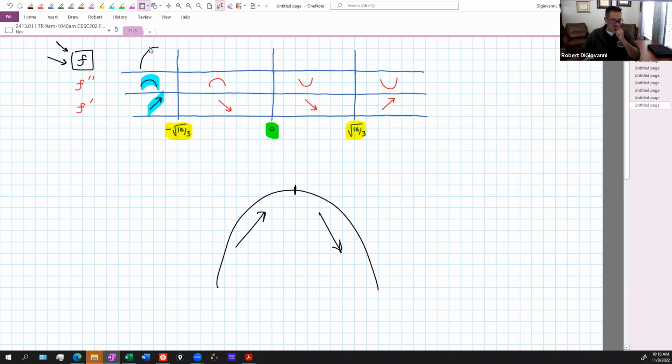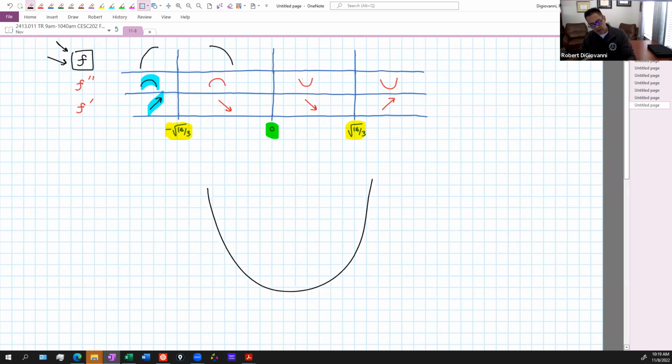Now, between negative root 16 over 3 and 0, between here and here, I need to be going down the frown, which means I must look like the right-hand side of the frown. Then from 0 to here, root 16 over 3, must be going down a smile.